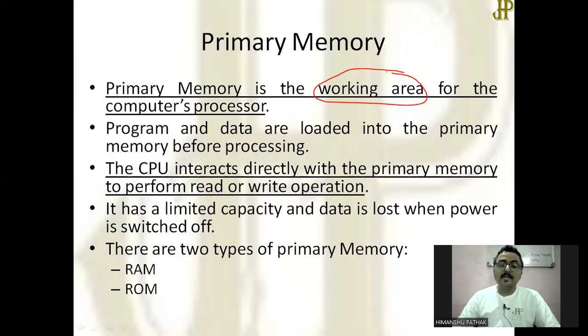But it has a limited capacity and data is lost whenever power is switched off. Whenever you go for purchasing your laptop, you easily see that in comparison to hard disk, you can purchase a hard disk of 1 terabyte, 2 terabyte, but generally you go for RAM of 32 GB, 64 GB, or hardly 128 GB.